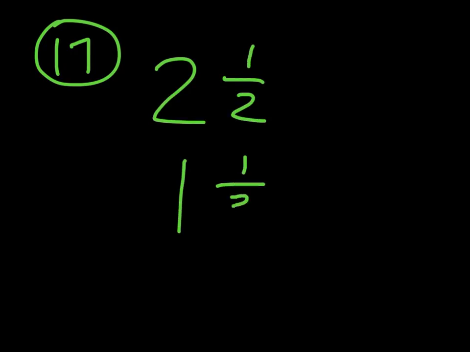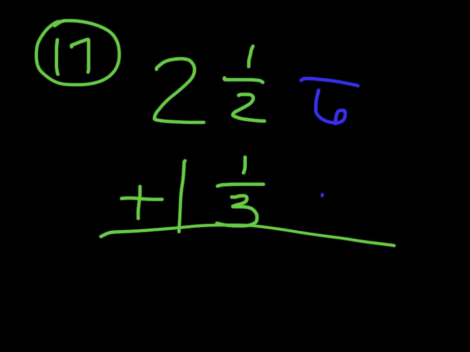For number 17, it says William used 2½ cups of sugar to make ice cream and 1 1/3 cups of sugar to make cookies. How much sugar did William use in all? Of course, that means you're going to add them. Okay, we want to find our common denominator, which is 6.